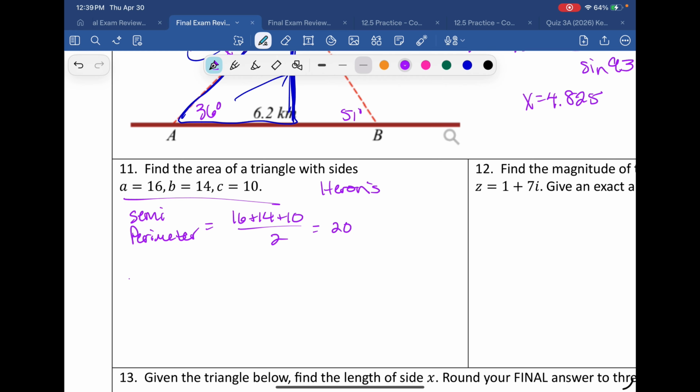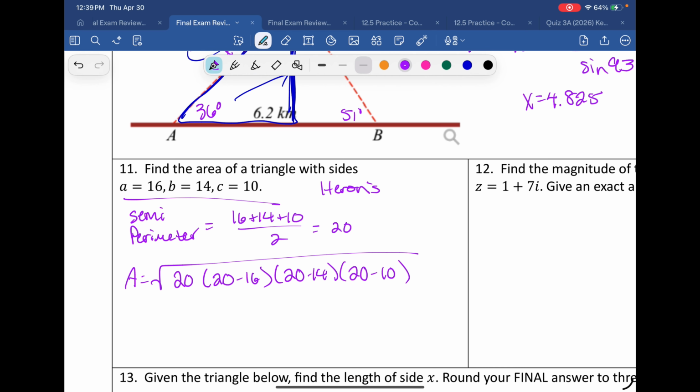Then Heron's: 20, 20 minus 16, 20 minus 14, 20 minus 10. It'll take you longer to type it in your calculator than it does to just work it out. Okay, we get area equals 69.282.